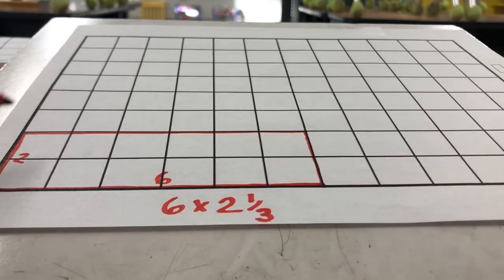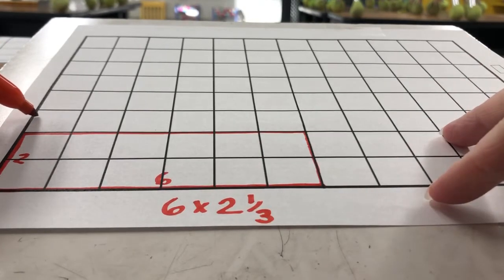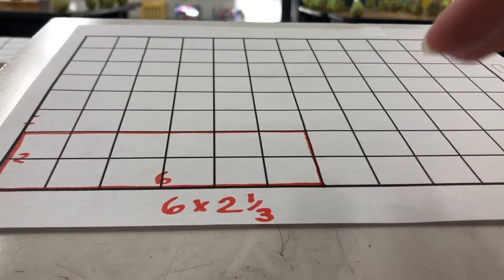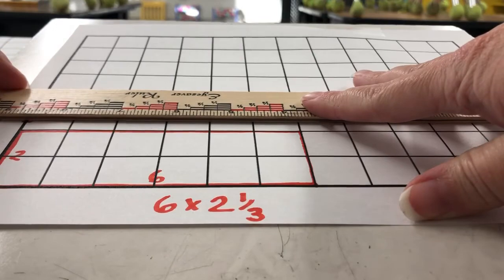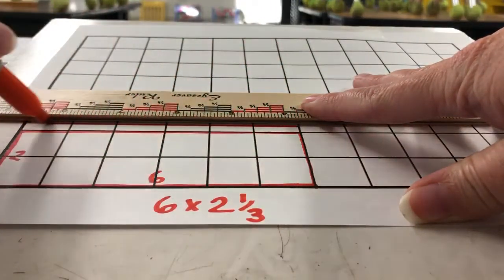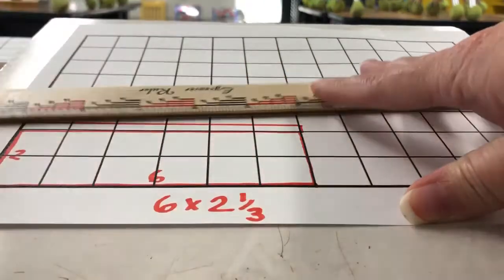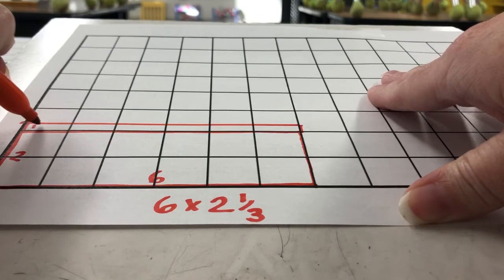Now I have to do the 1/3 because it should have been 2 plus 1/3. Now, in this box, I'm just going to visualize what thirds would look like. That would be breaking the box into 3 separate equal pieces. So my thirds are going to be about right there, maybe. And this is 1/3.